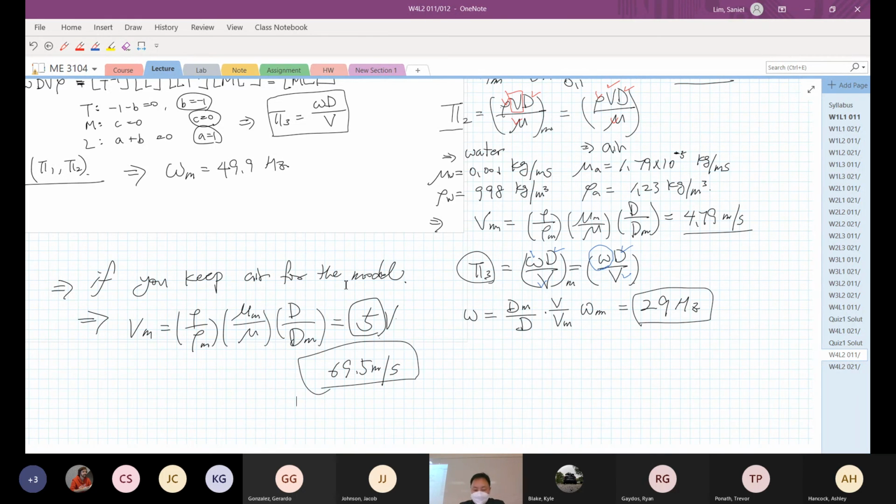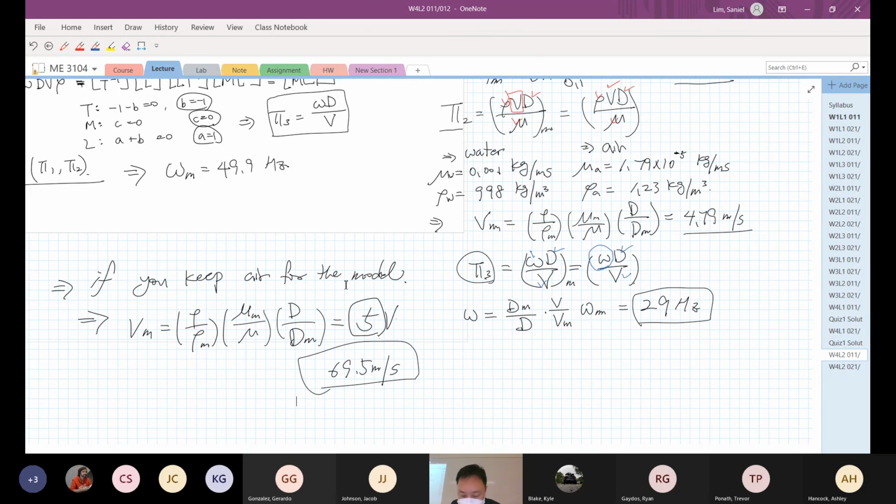And we have to measure something with really fine resolution to find all the differences within the system in the model. That's not what we want to do. Therefore, we change the material, change the medium of the fluid to match the pi terms between the model and prototype, then keep everything else within a reasonable range in terms of pi terms, which are dimensionless numbers, all right?